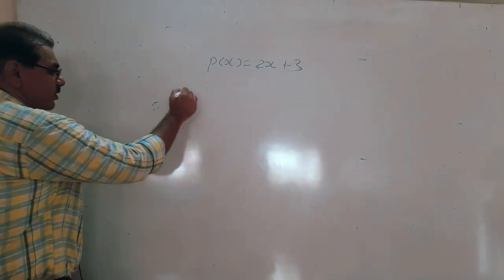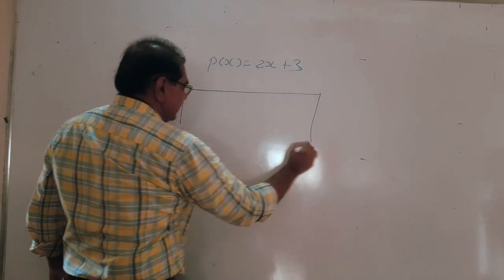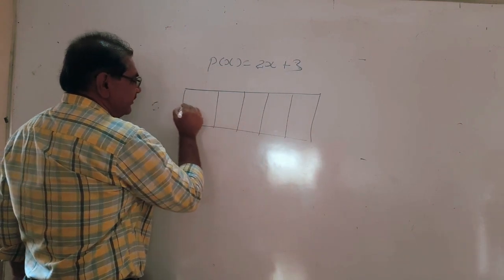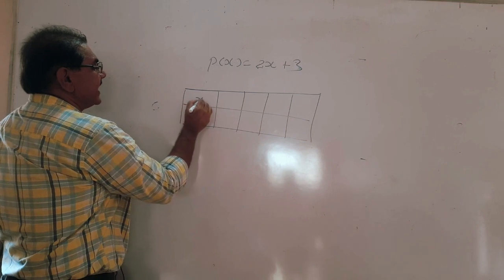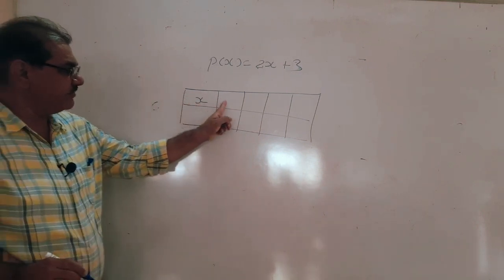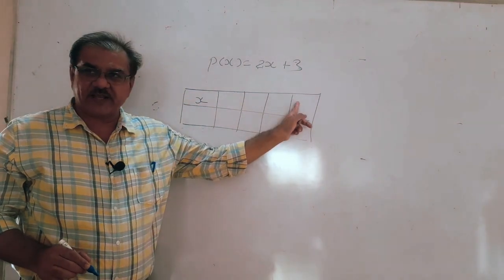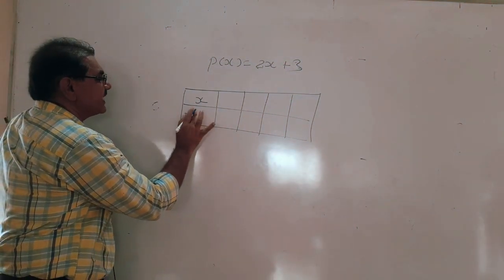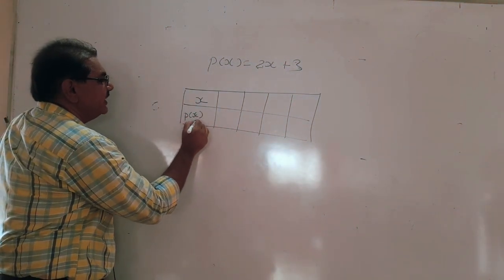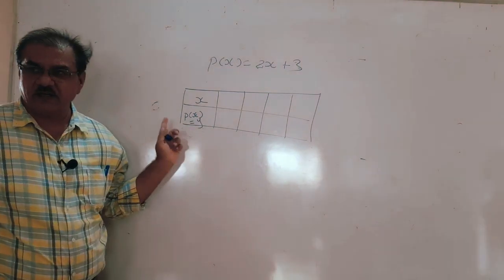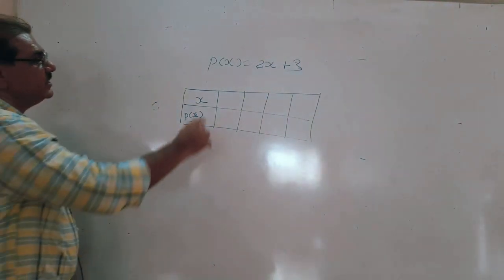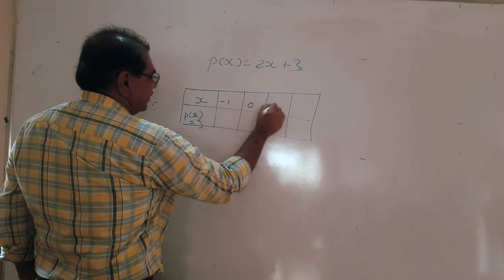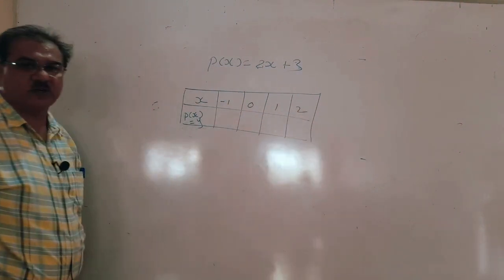Now how to take the solutions for this polynomial? I take a few solutions here. It is x. Here I will select different values of x, and I will find the corresponding value of p of x, and we call it y, taken on the y-axis. So suppose I take minus 1, 0, 1 and 2 as the values of x.